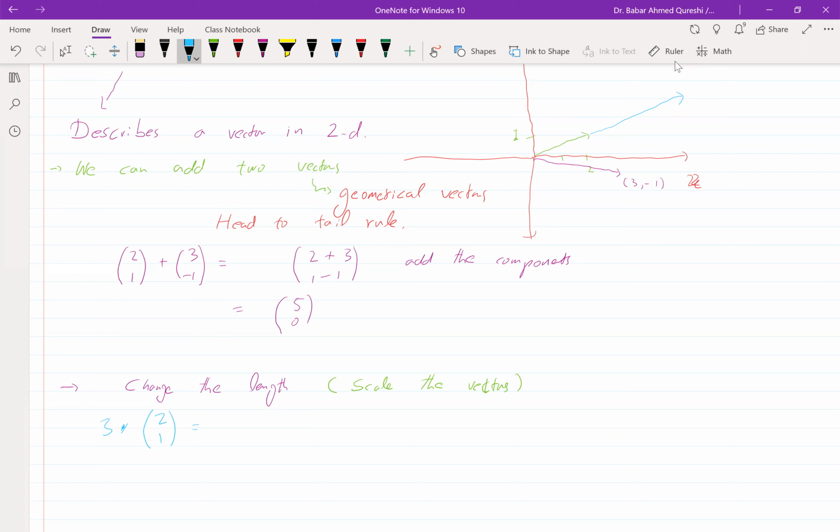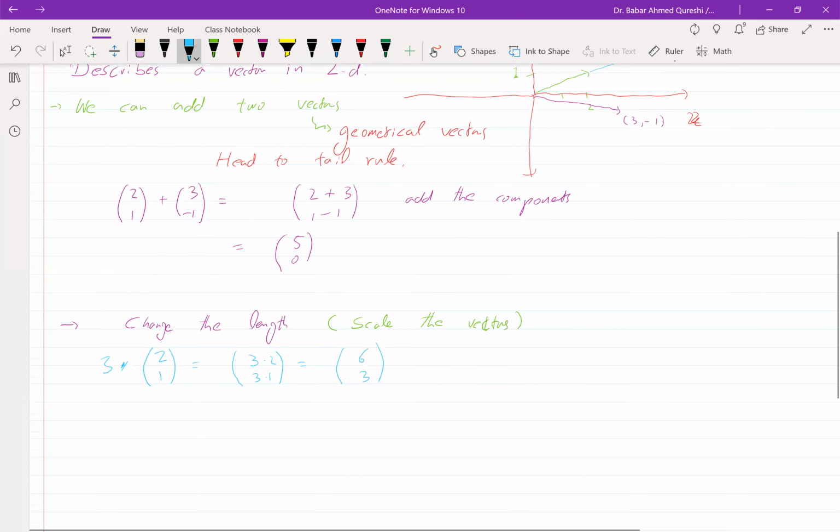And the resultant vector, so I do it by multiplying with some numbers. The resultant vectors just have components defined through this. So this property that you can scale the vectors and get new ones is true for column vectors as well.